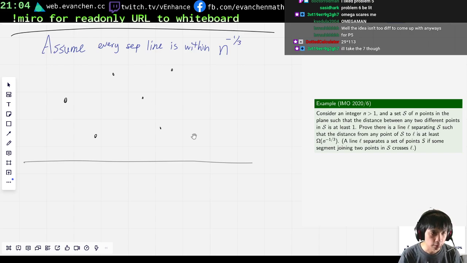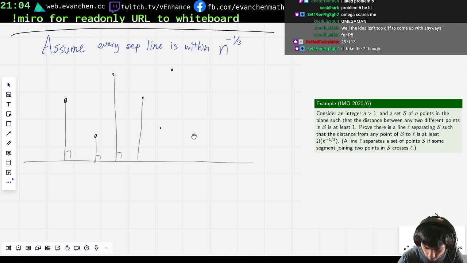Why do I say this? Because I want to take all these projections. And the problem hypothesis is saying that all of these should be less than C n to the minus 1/3.